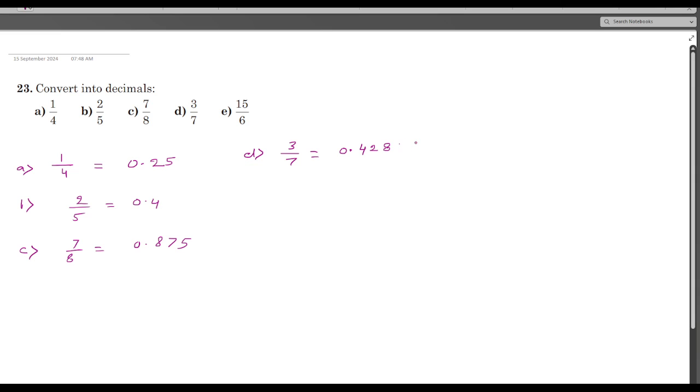So it will keep on going like this. So approximately it is 0.429, I will say. 15 divided by 6. With 3 I can divide. 3 5s are 15 and 3 2s are 6, and this is 2.5.